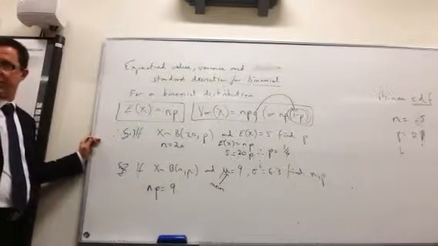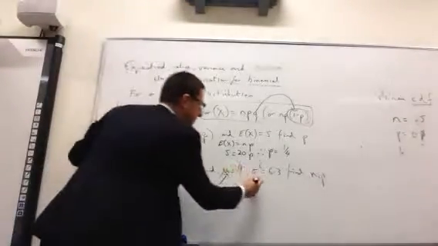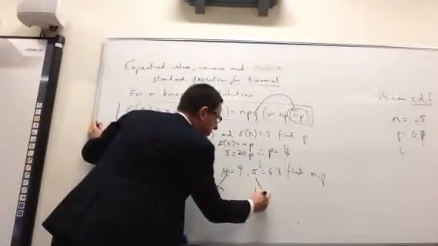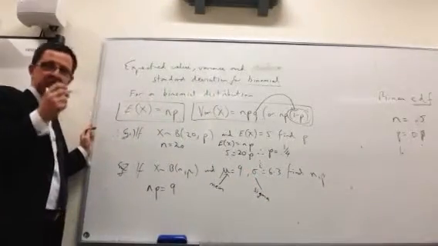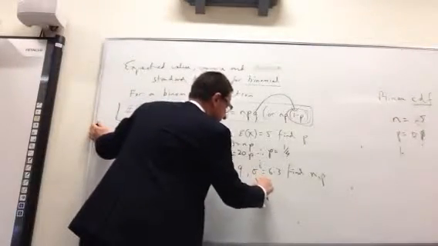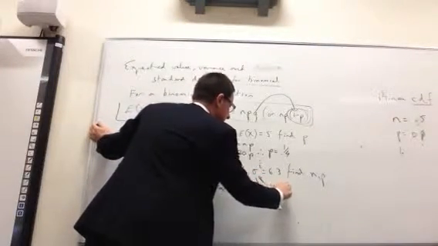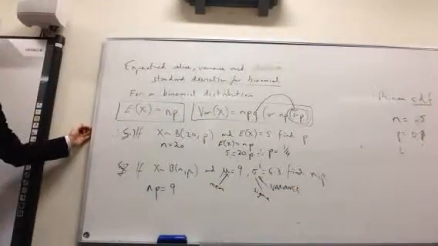Because the formula for the mean is np. The answer is 9. This is called sigma. The Greek symbol is sigma. Sigma squared stands for variance. Alright, so if they write sigma squared down, that's the variance.